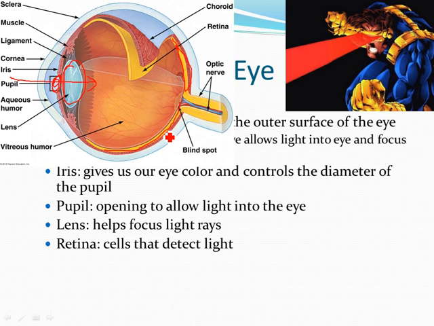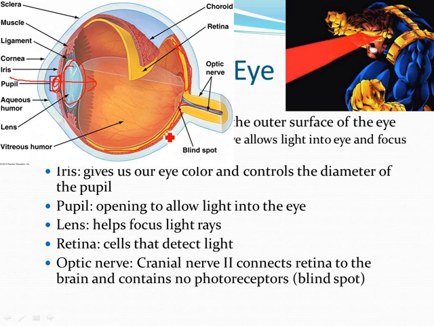And when we're talking about photoreceptors, what are the two types of photoreceptors, you guys? Cones and rods. Very good. Over here, the information from the cones and rods will be sent to the optic nerve here. That will give us information that will be sent to our brain to perceive vision.